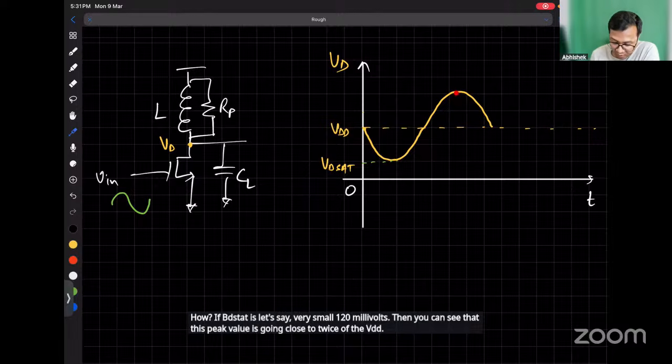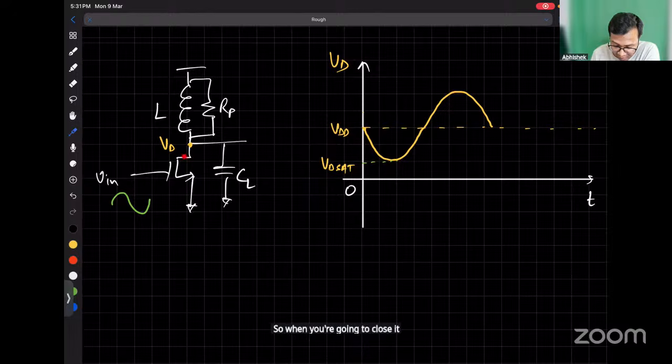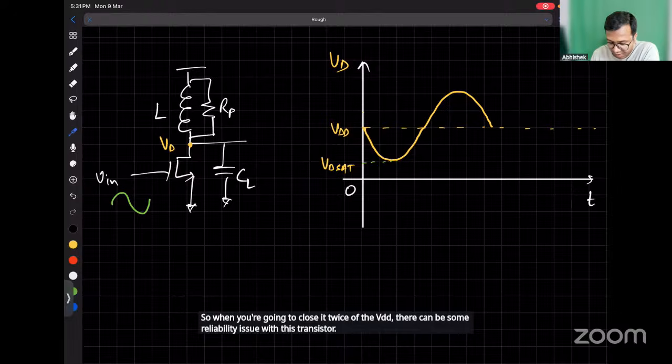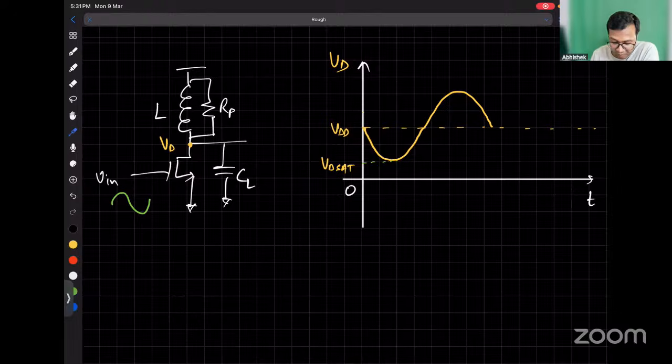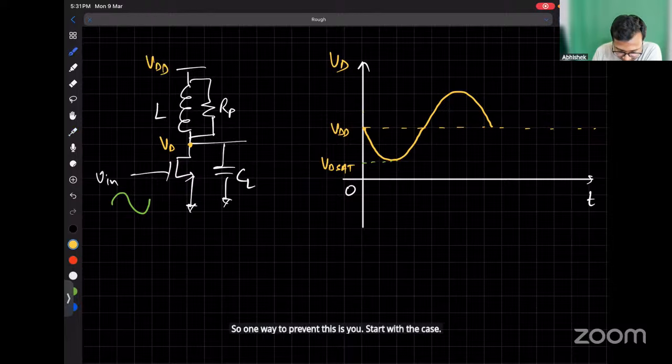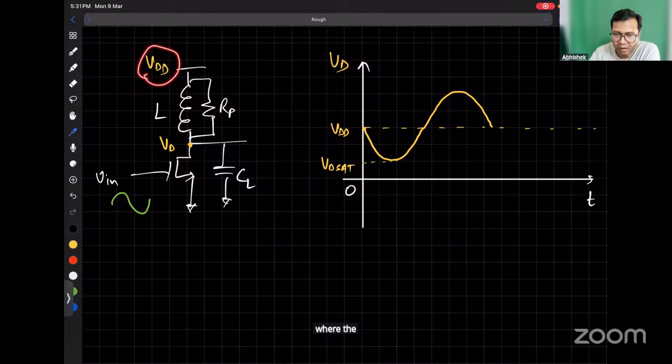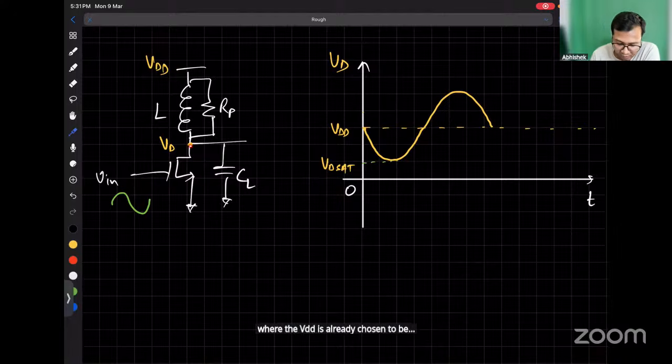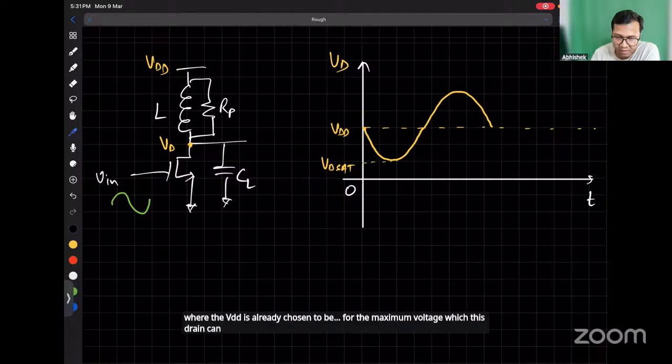When you're going close to twice of the VDD, there can be some reliability issue with this transistor. One way to prevent this is you start with a case where the VDD is already chosen to be half of the maximum voltage which this drain can go. In such a scenario, even when this voltage goes twice of VDD, the transistor is not going to undergo a breakdown.